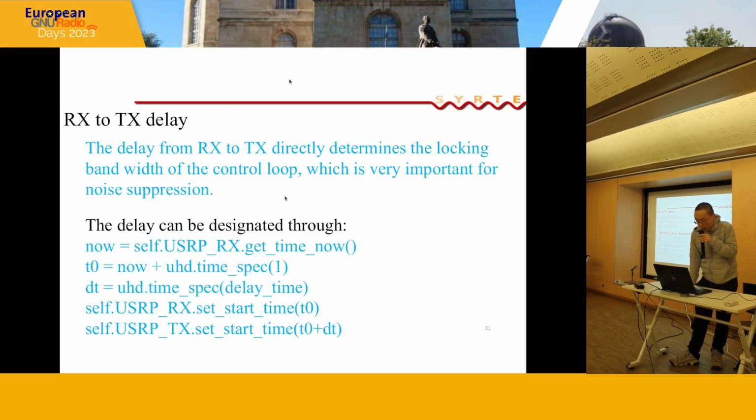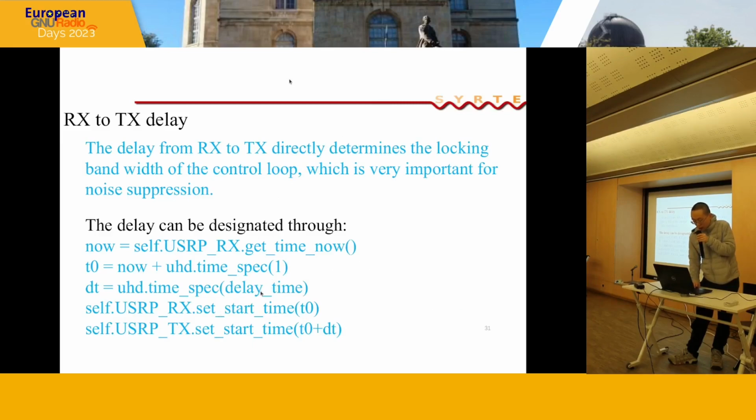And now it comes to the RX to TX delay. Why do we care about this delay? Because the delay from RX to TX directly determines the locking bandwidth of the control loop, which is very important for our noise suppression. The delay can be designated through this piece of code, the DT, the delay time.